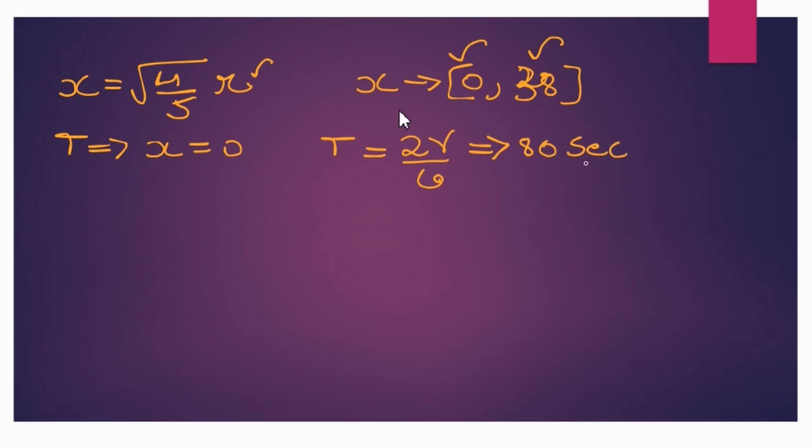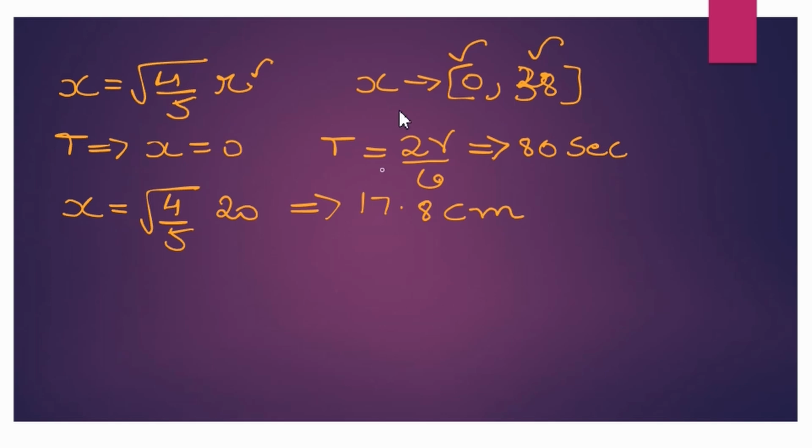Now let's see the next case. Let's take x is equal to root 4 by 5 times r. Okay, r is 20. If you do that, you get the value of x to be 17.8 centimeters if you are using a calculator.